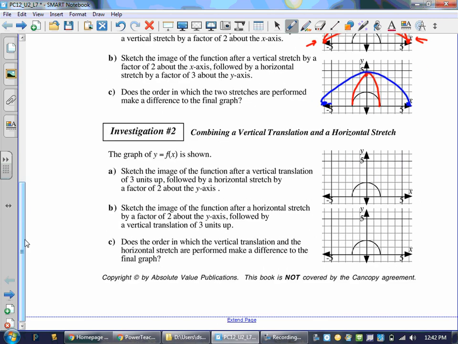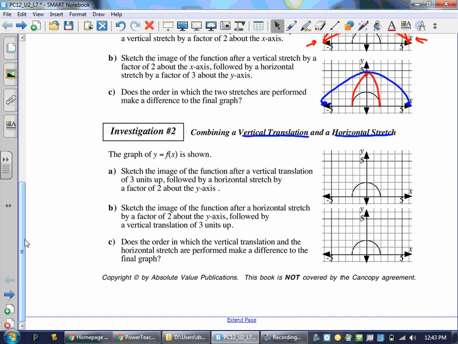All right, let's do investigation number 2. What happens if we do a vertical translation, which just moves it up and down, and a horizontal stretch? First, it says sketch the image of the function after a vertical translation 3 units up.